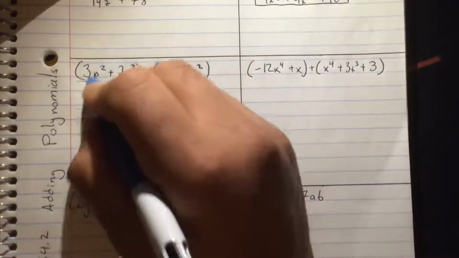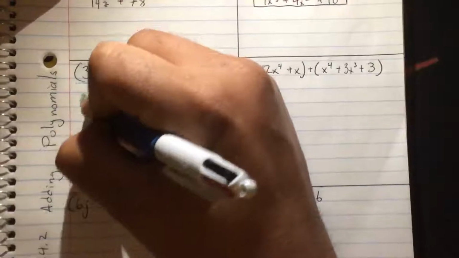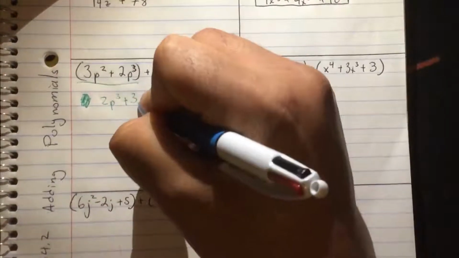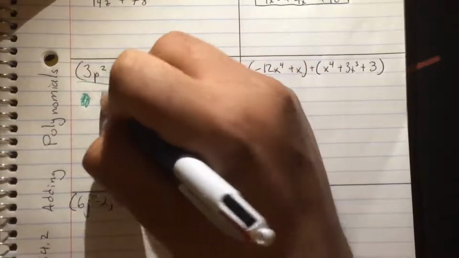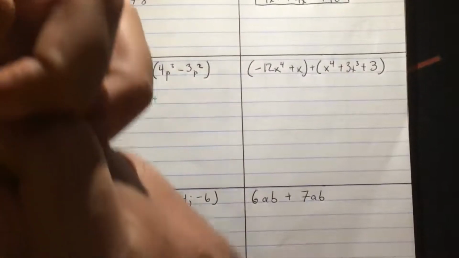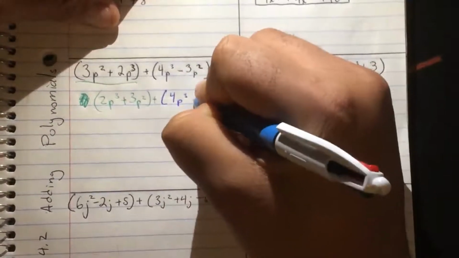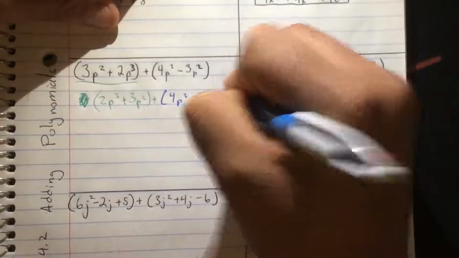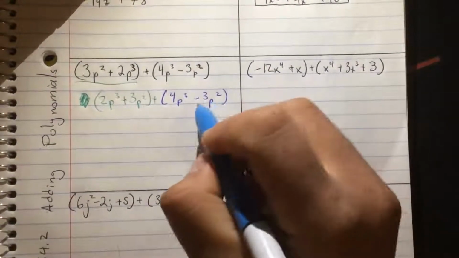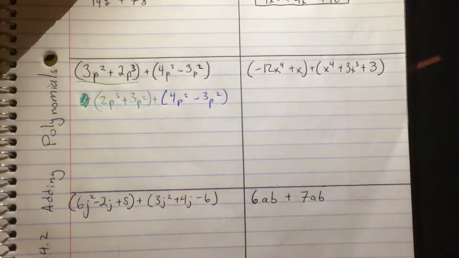So I'm going to rewrite this first one as 2p cubed plus 3p squared, and I'm going to leave the other side just as 4p cubed minus 3p squared, because this is already in descending order.